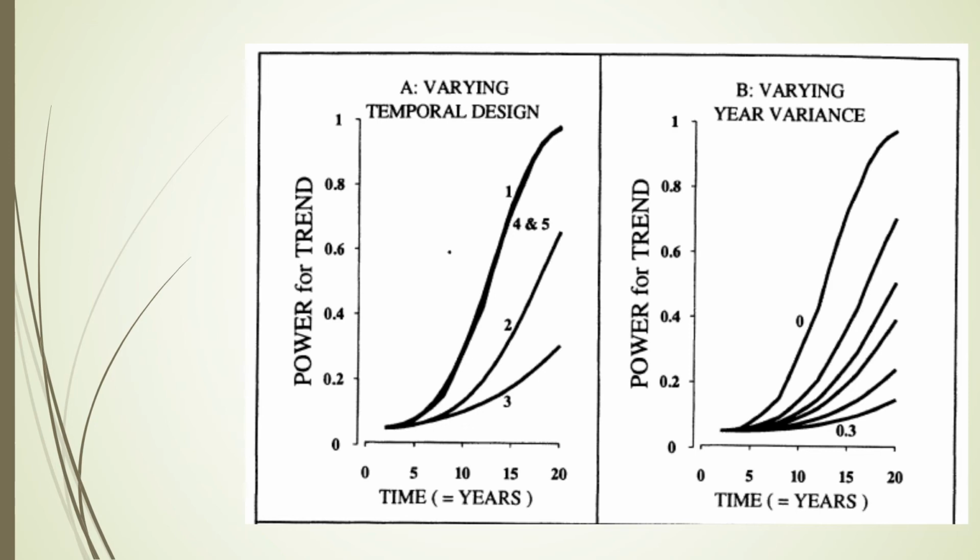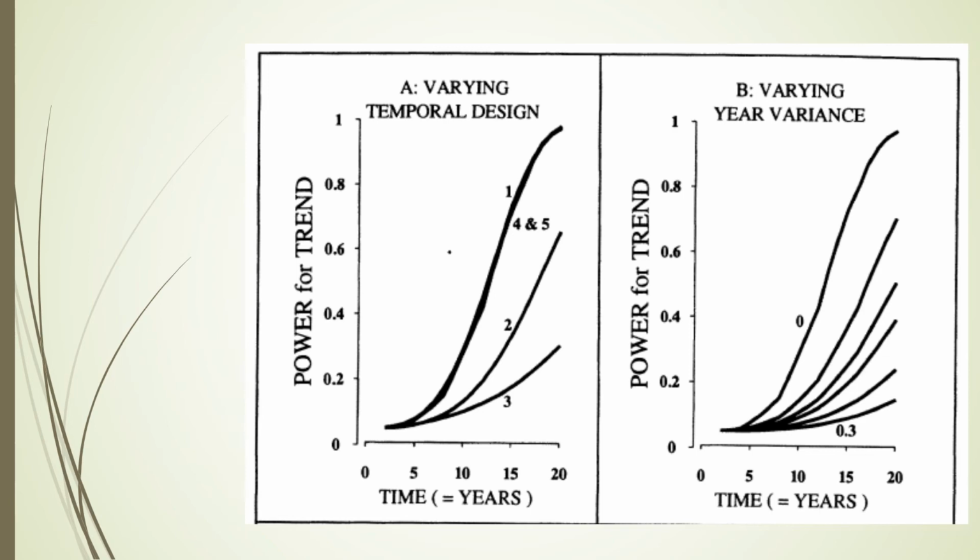So 1 and 4 and 5, 1 was the constant panel design where you just visit the same sites year after year. 4 and 5 were those augmented sample designs. And those essentially have equivalent power. So from this perspective, it doesn't matter which one you select. You see that the completely random design is the worst.